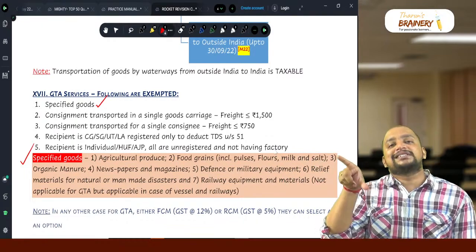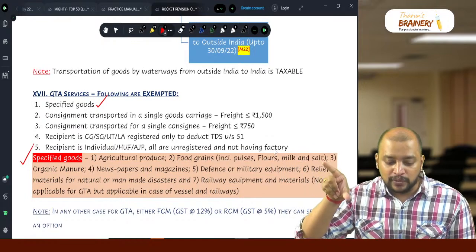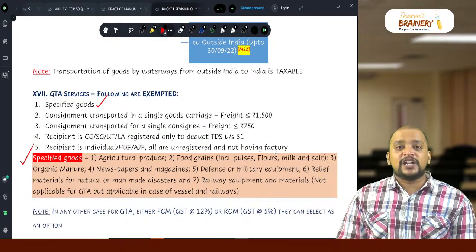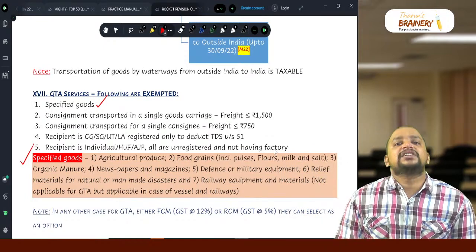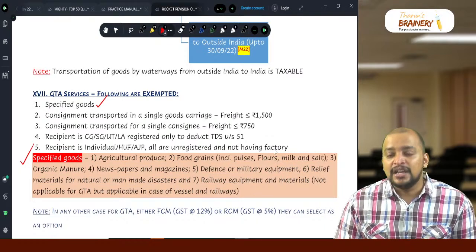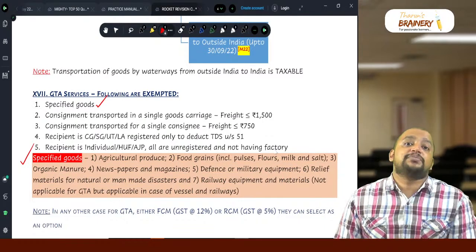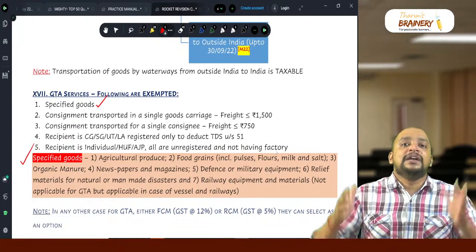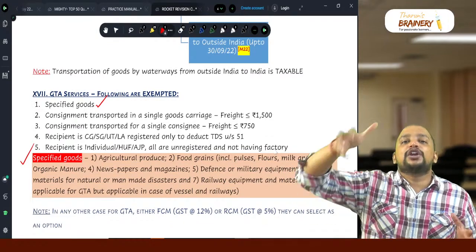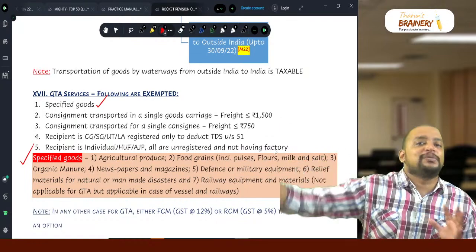What will happen if it exceeds 1500? Entirely it will be taxable. Then consignment transported in a single consignee where the freight does not exceed 750. So freight does not exceed 750 exempted. The 750 limit will come when in that lorry we are transporting goods belonging to multiple consignors to multiple consignees.